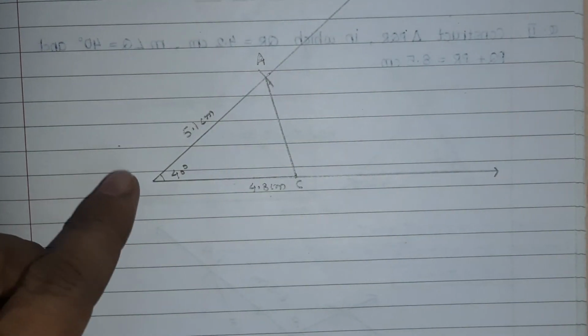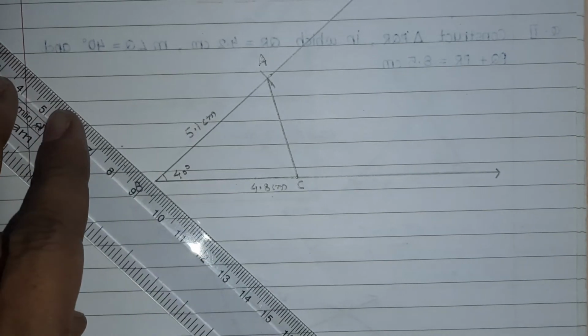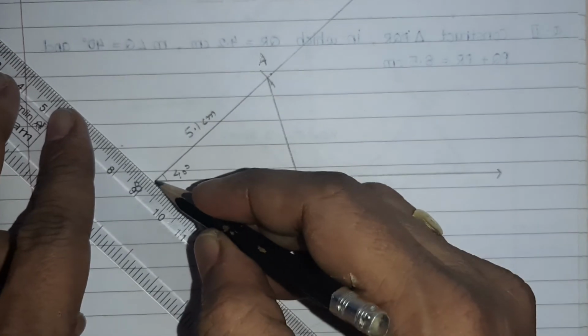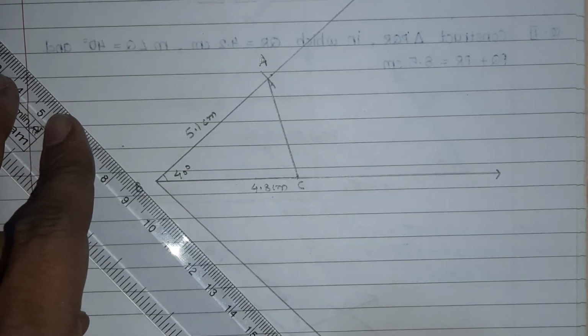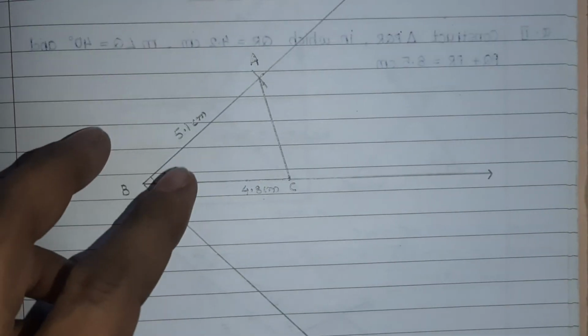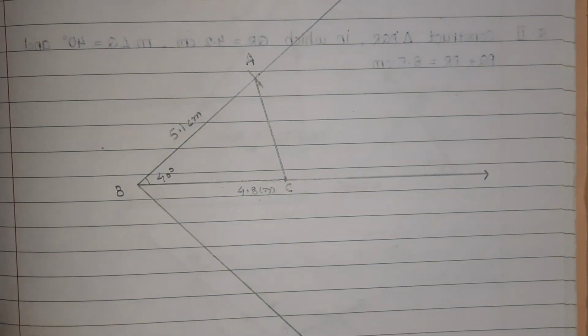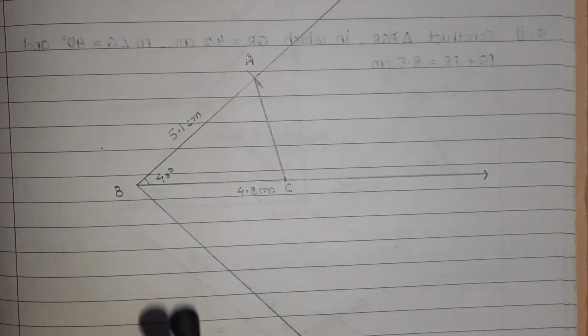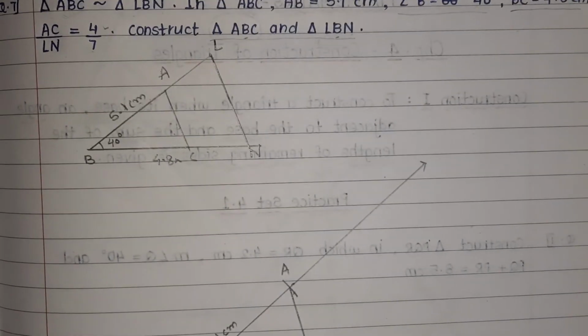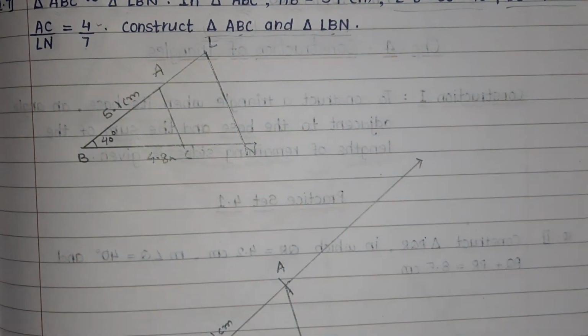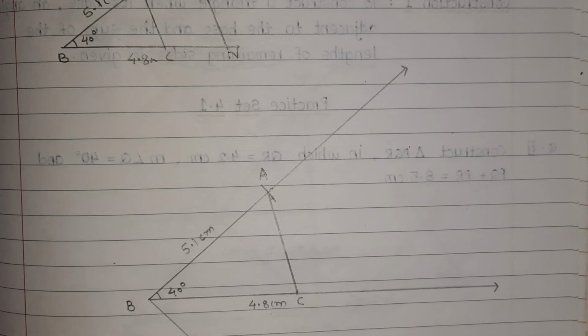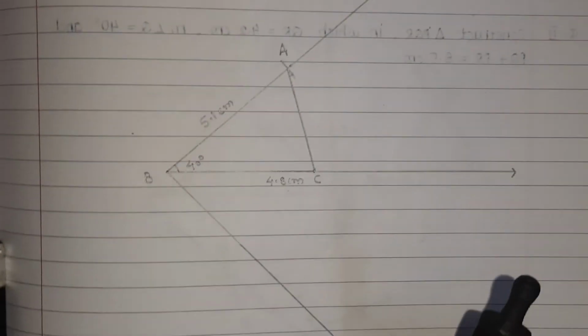Now for that purpose, at the point B we have to draw an acute angle like this. We have to draw one ray like this, and we have to make how many parts? See the ratio. The ratio is 4:7. 7 parts are bigger, therefore we have to divide this into the 7 parts.